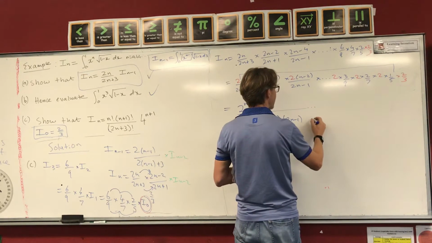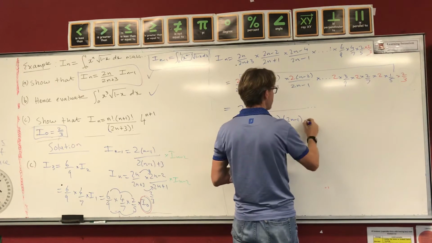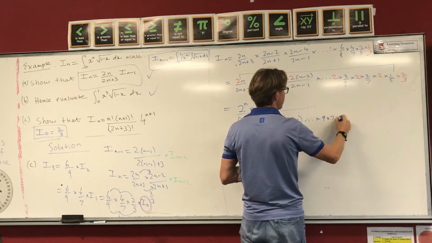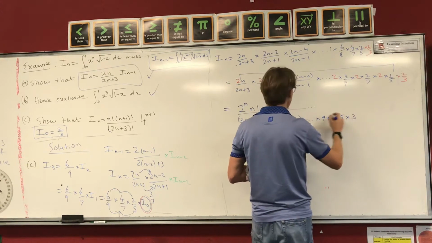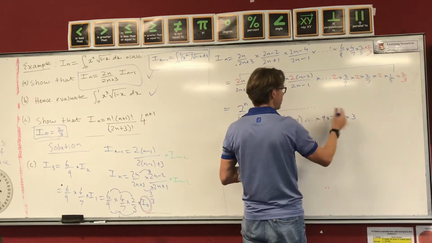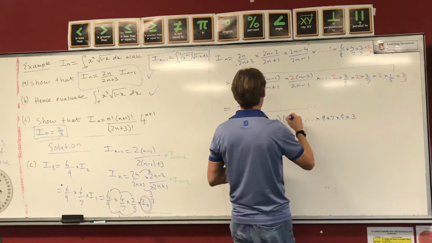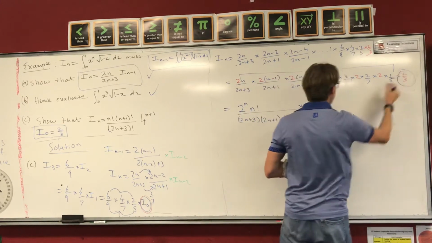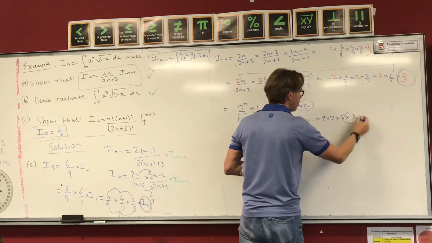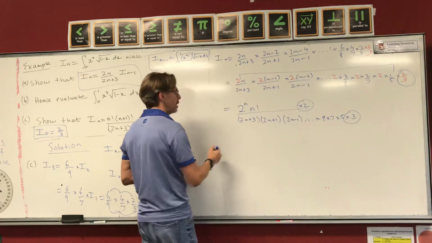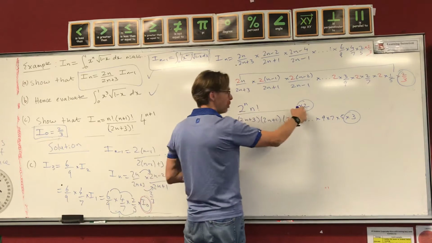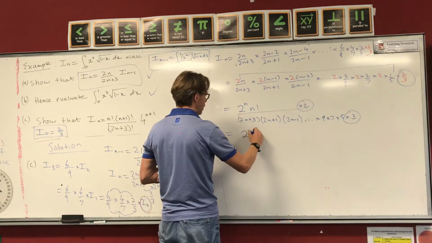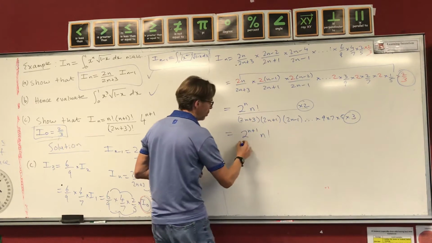On the end of that I get 9 times 7 times 5 times 3. And on the top here I've got times 2, don't I? Because of the 2/3 there. There's the times 2, and there's the times 3 from the 2/3. Now I can combine the 2 to the n with the 2 to get 2 to the n plus 1, so I can go 2 to the n plus 1 times n factorial.